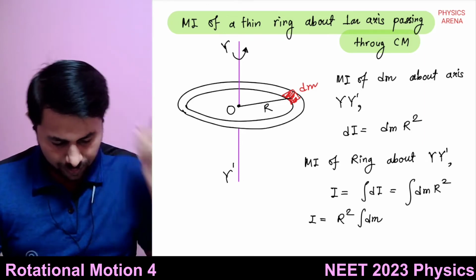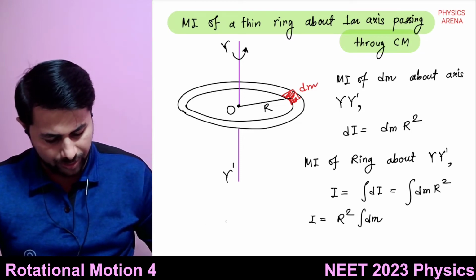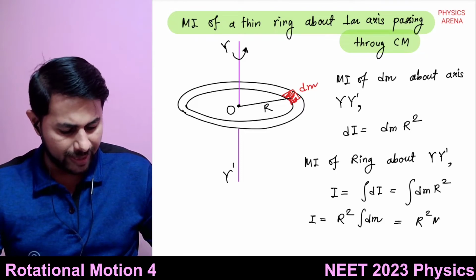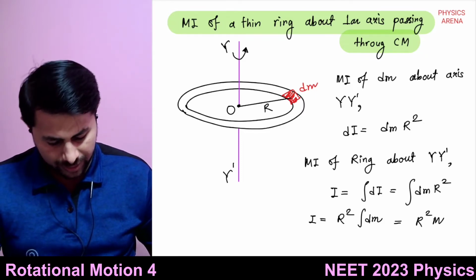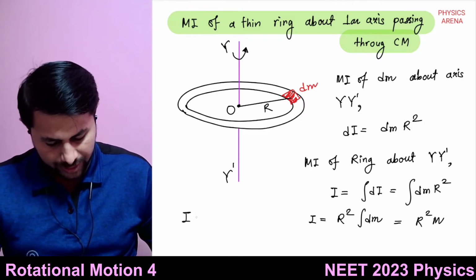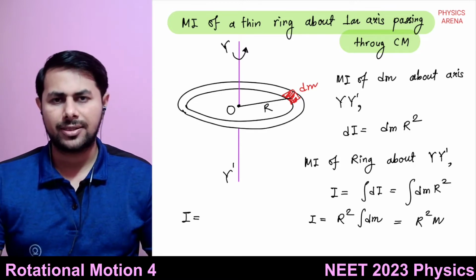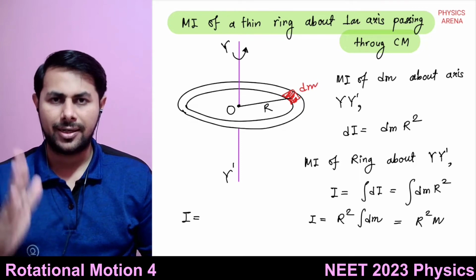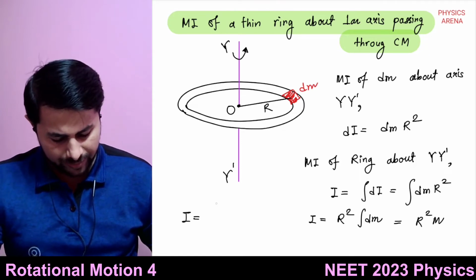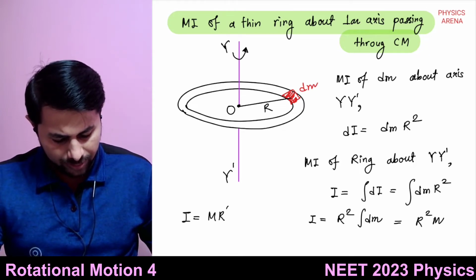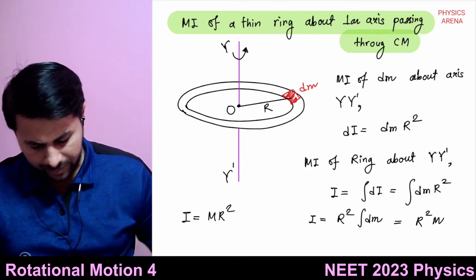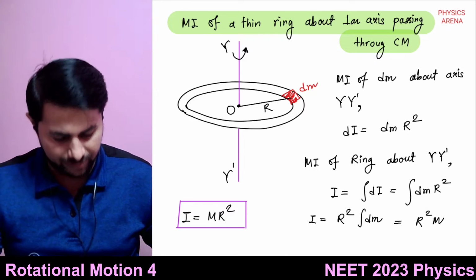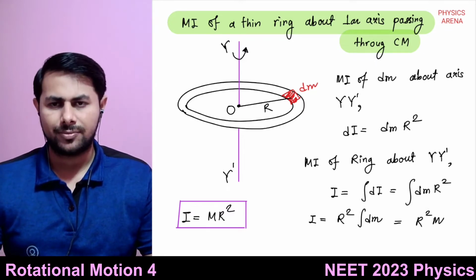So what formula do you get for moment of inertia? You get r square multiplied by m, or m into r square. So how much is the moment of inertia of a ring about an axis which passes through its center of mass and is perpendicular to its plane? It is m into r square, the mass of the ring multiplied by r square. You get this simple formula.